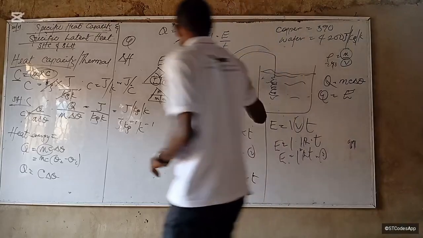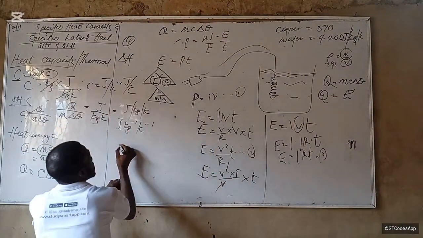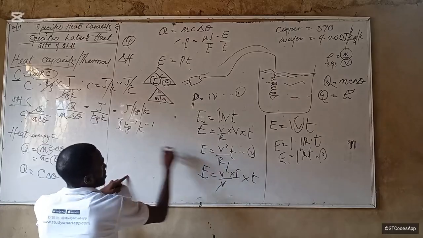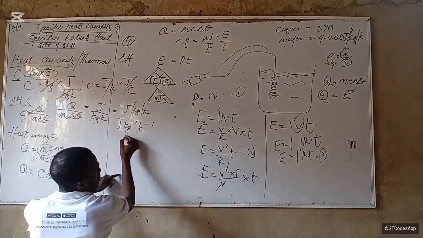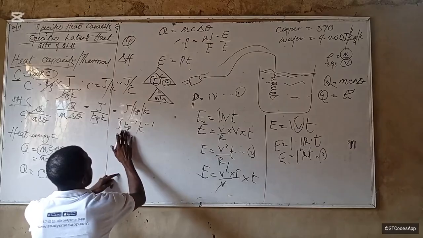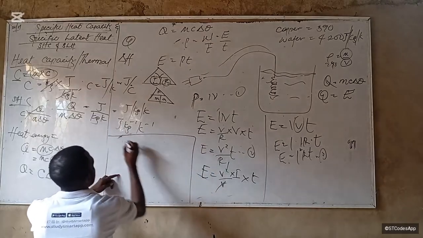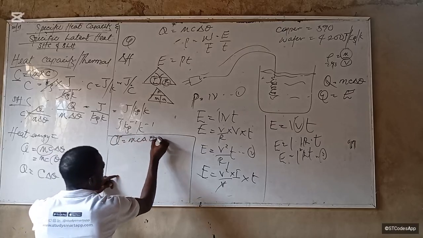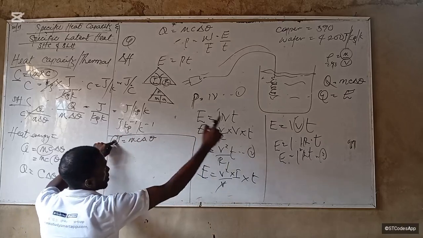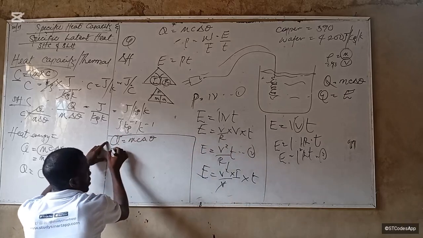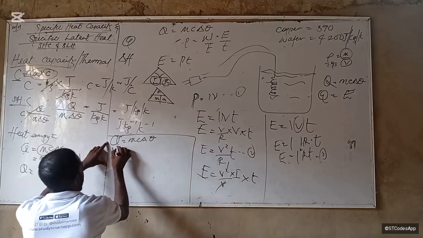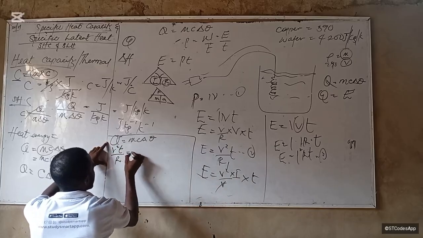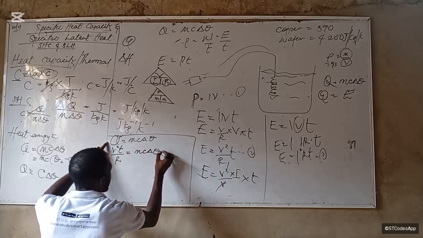So Q, which is MC changing theta, has now become the electrical energy. So electrical energy, V squared T over R, is equal to MC delta theta.